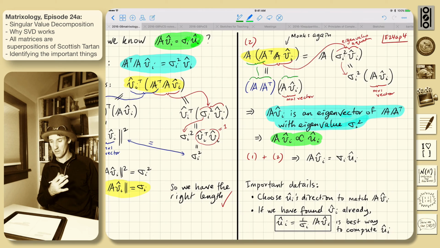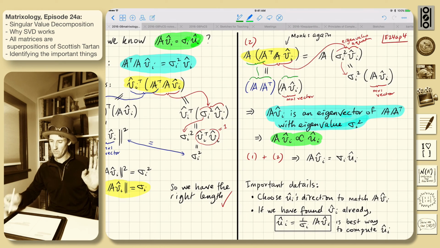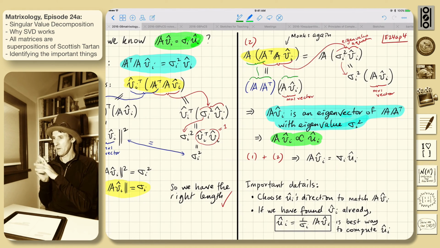It is in the right direction. AVi really is an eigenvector of AA transpose with this eigenvalue, right? So sigma i squared.